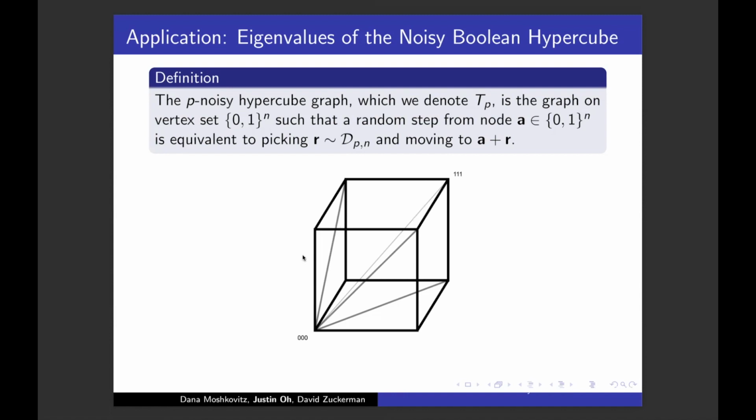But what you can notice is that the number of edges in this graph that have non-zero probability is very dense. In fact, it's essentially a complete graph if you think of it that way.